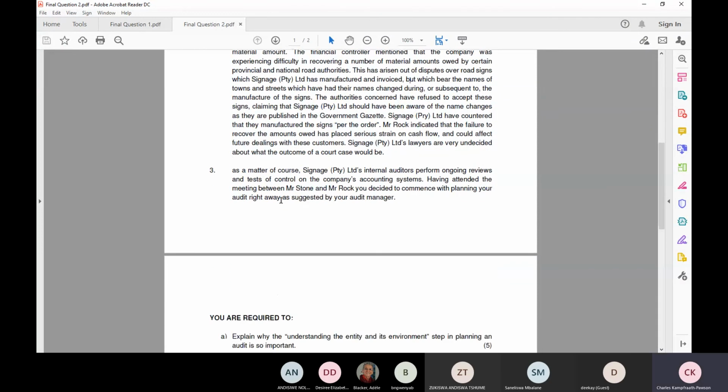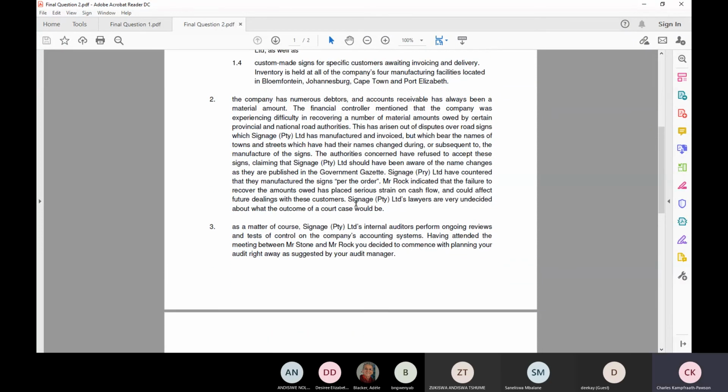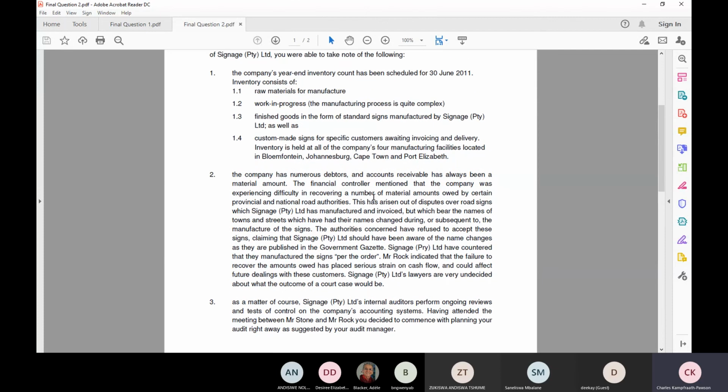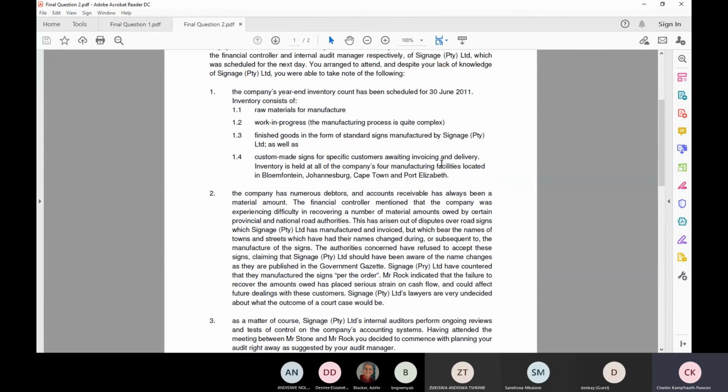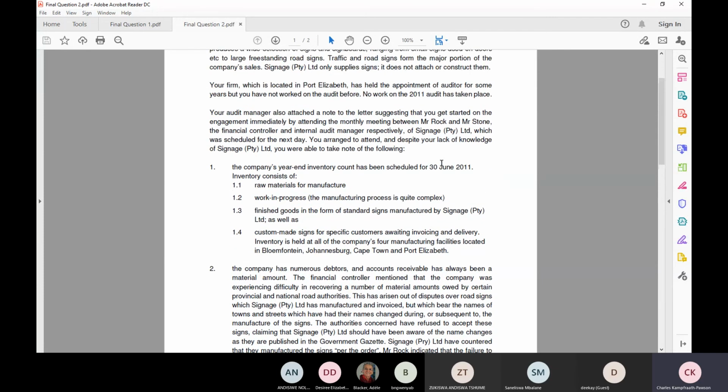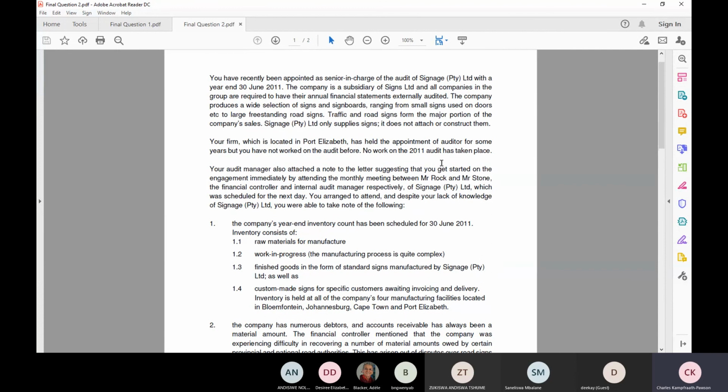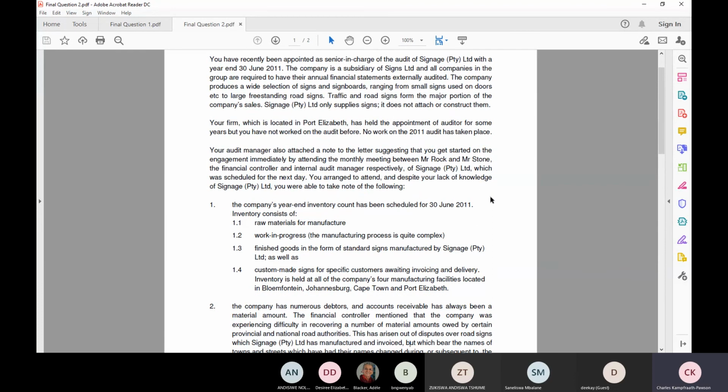I can't remember if there was another question that I did, because it's only in Bloemfontein here. Anyway, make sure that for all the different locations where the company is situated, we are gaining as much information as possible about what is going on there, what the operations are, because that will affect how we will plan this audit.